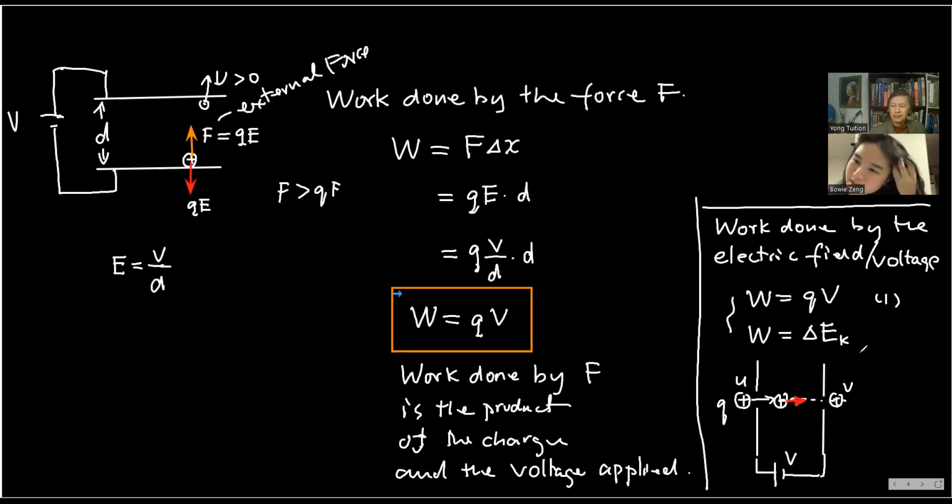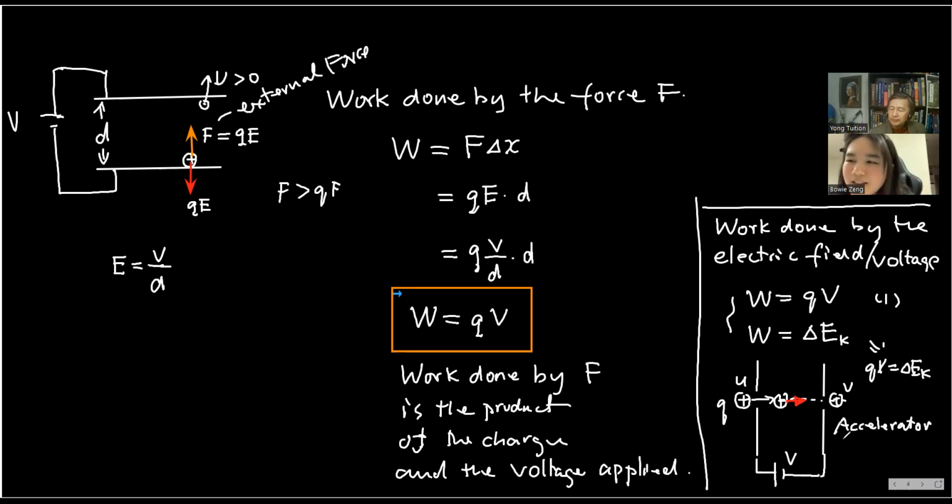So from this simple device, we can work out that QV will equal delta E K. So this is an accelerator.